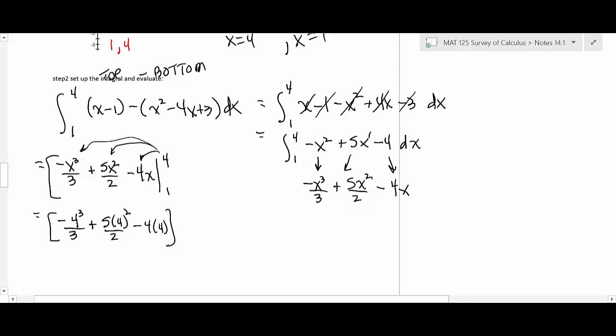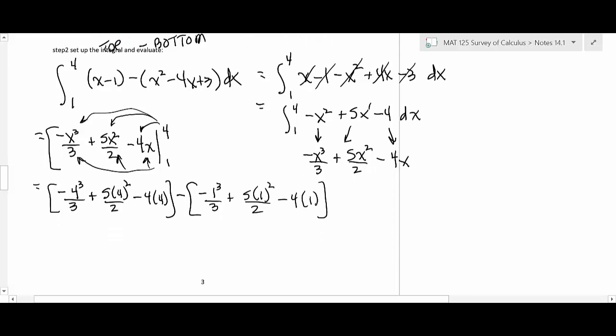Then you plug the 1 in and you subtract. That's the fundamental theorem of calculus. So you're going to put in negative 1 to the third over 3 plus 5 times 1 to the second over 2 minus 4 times 1 like that.